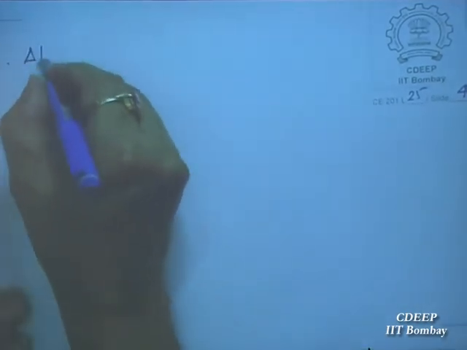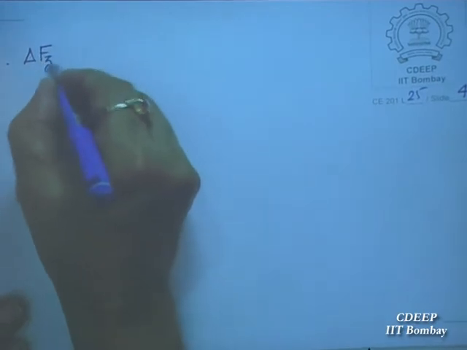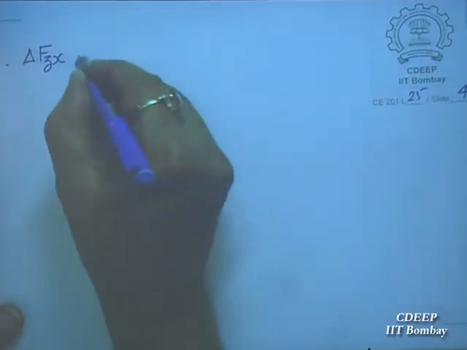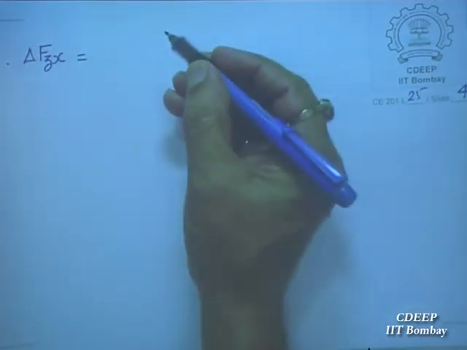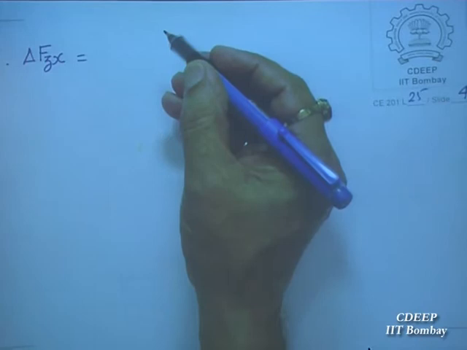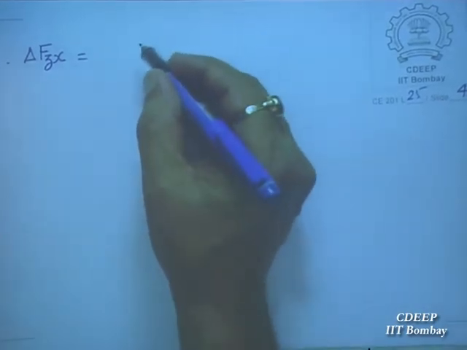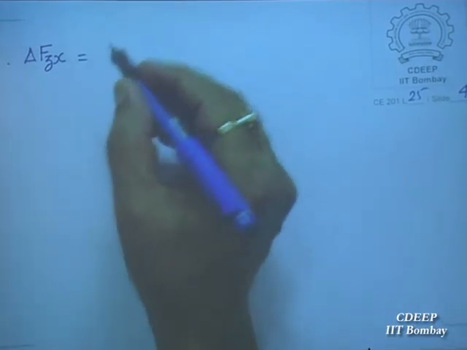So delta F zx, there is no need to take zx, I just have taken just to signify that this is z plane and this direction is x. It is a force, but then this is the correct direction, equal to plus, so I will take this one first, integral at A1.